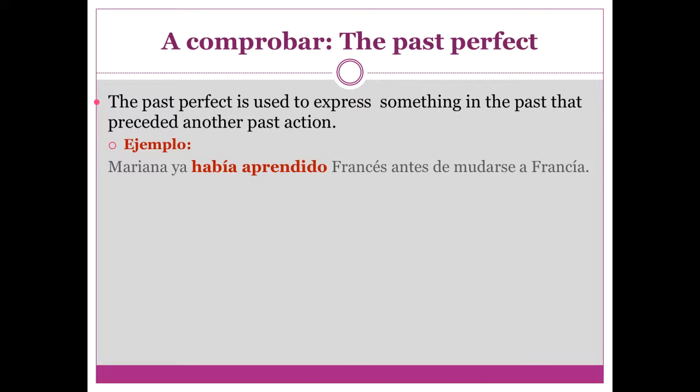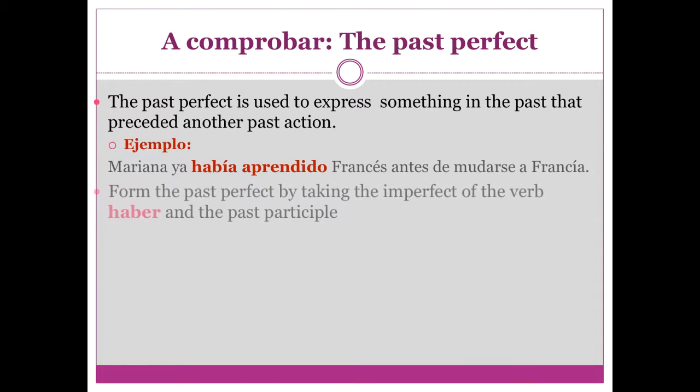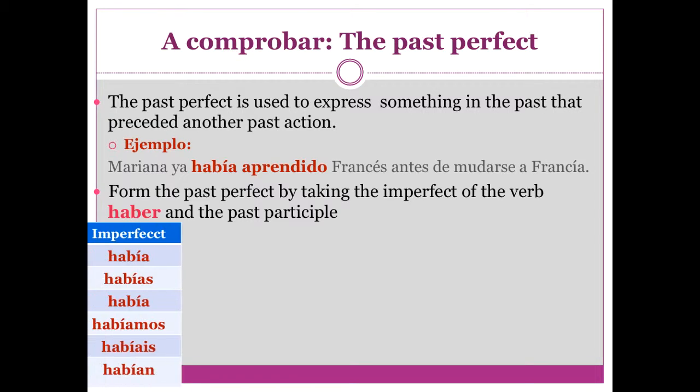That's what the verb haber does in the present or in the past tense. Since the main action is in the past tense here, it will be put into the imperfect for the past perfect by taking the imperfect of the verb haber and the past participle.